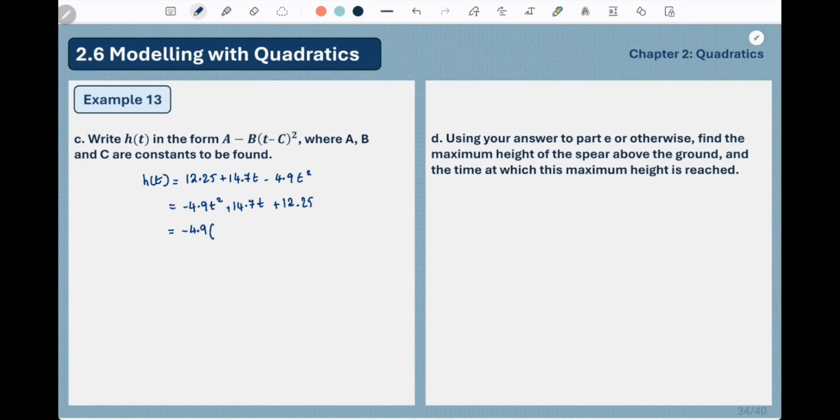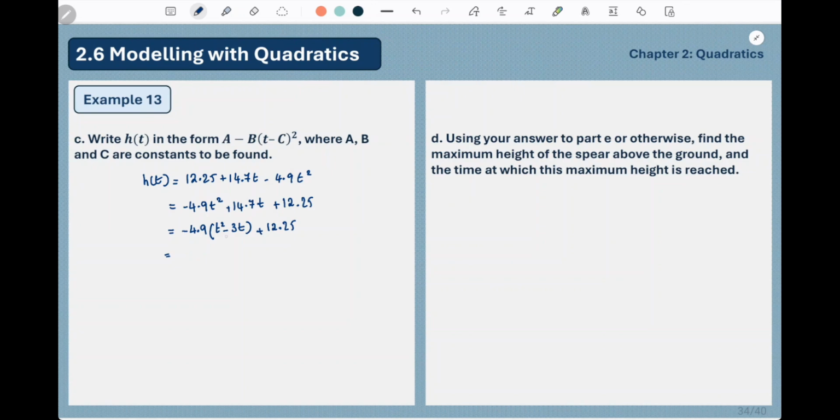Now what we'll do next is factorize by minus 4.9. The reason we do this is because it will help us complete the square. So when we factorize, 14.7 over minus 4.9 is minus 3, that's fine. And we'll leave 12.25 alone, so we won't touch that one.